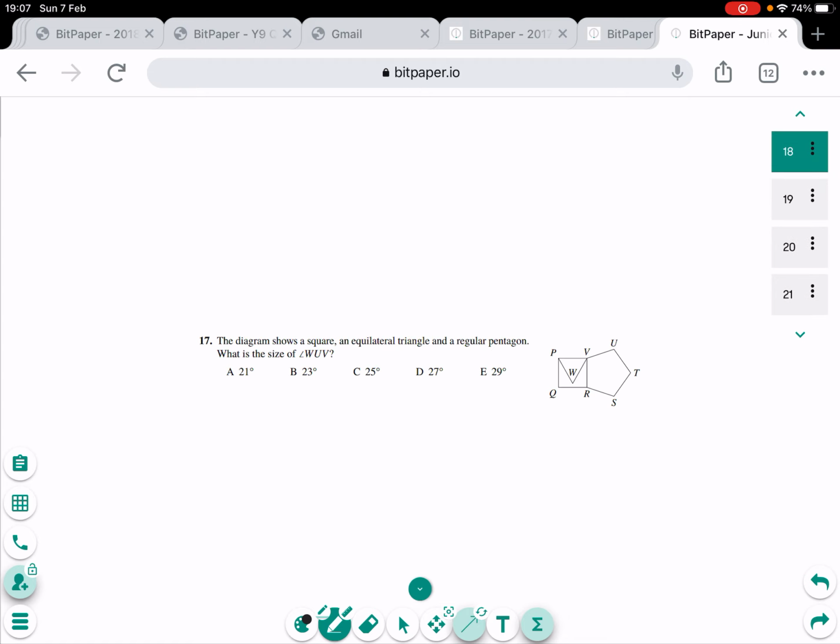For question 17, it shows a square, an equilateral triangle, and a regular pentagon. What's the size of angle WUV? So it's actually asking us what the size of that angle is.